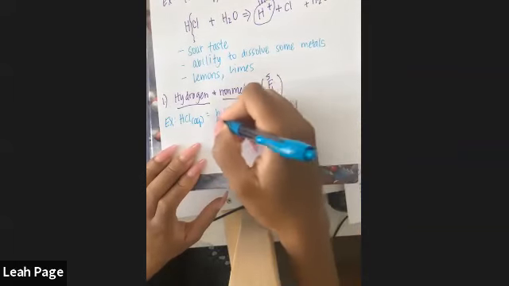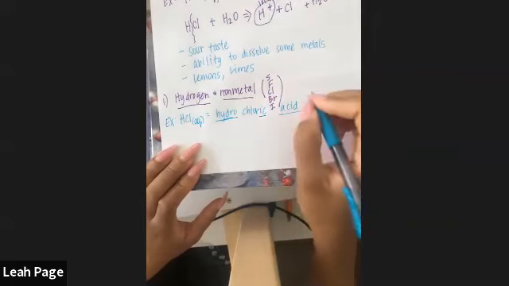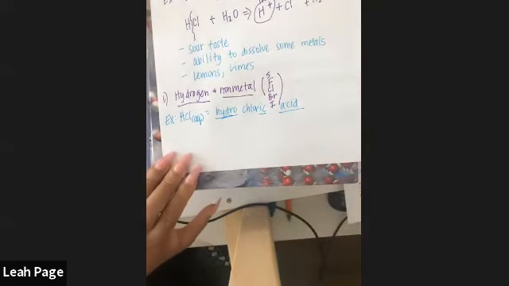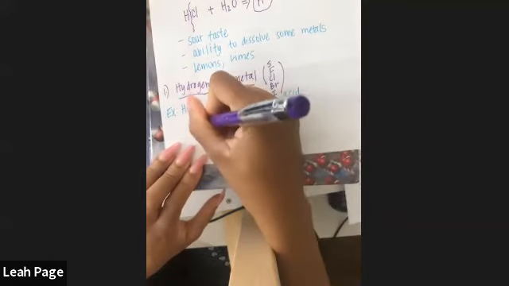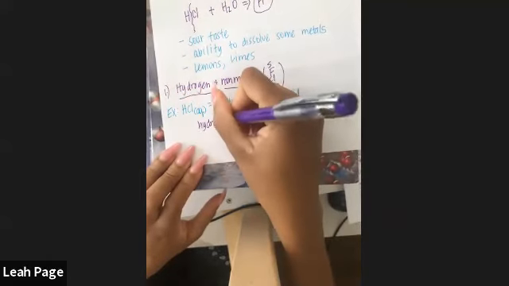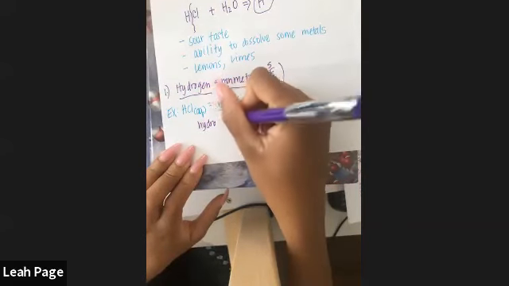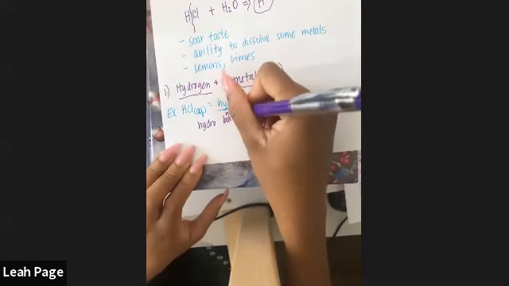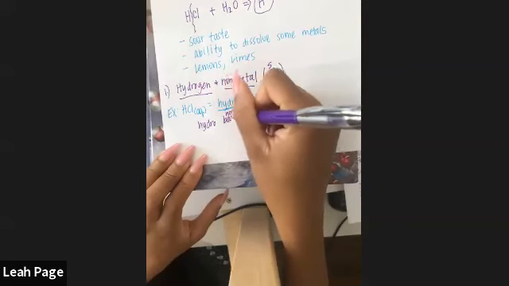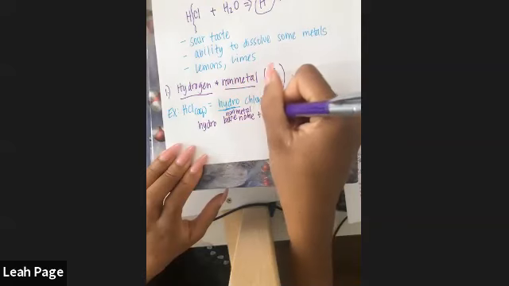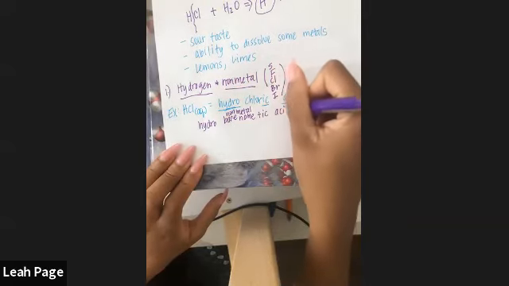So the hydro, the ic, and then the acid. So the scheme for it looks like hydro, base name or non-metal base name, plus ic, and then acid.